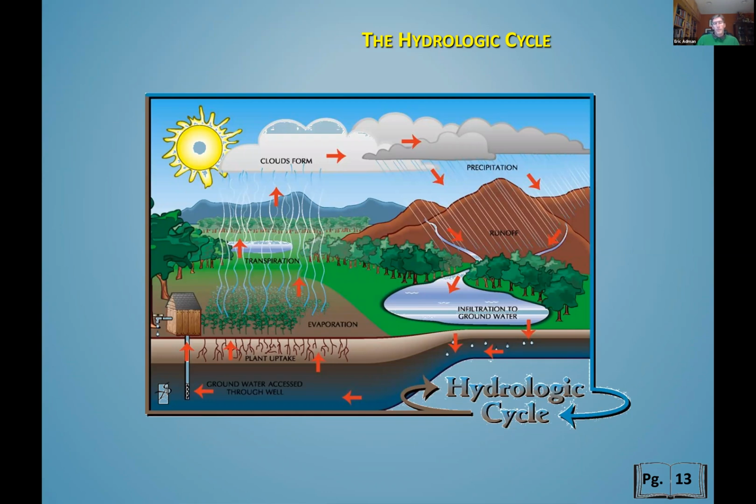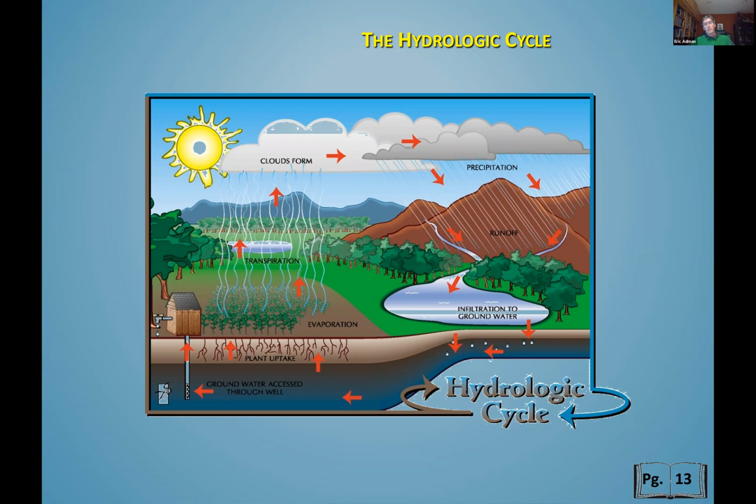Another key concept that you should be aware of is what's called the hydrologic cycle. This is the idea that water is not really created. It just moves from one place to another and one state to another. So it just continuously cycles, and you can pick a starting point. If it falls out of the sky as rain, a certain amount lands on trees and plants and never even hits the ground. They use it, and then some of that goes back up into the sky in the form of transpiration.